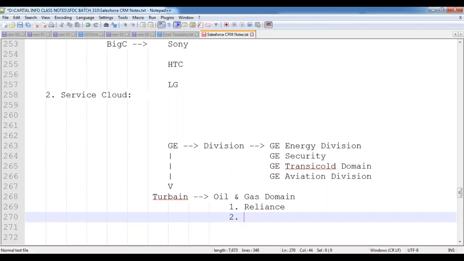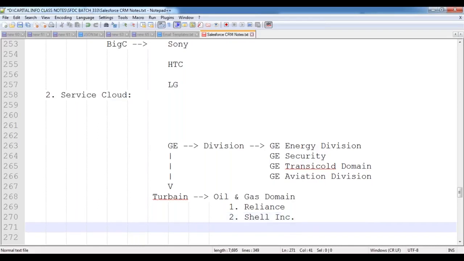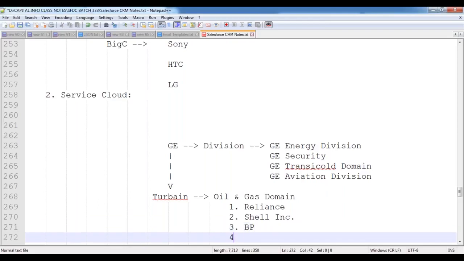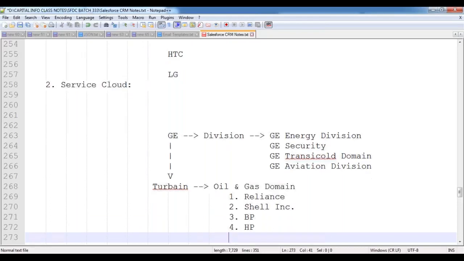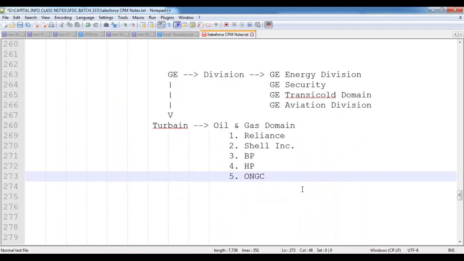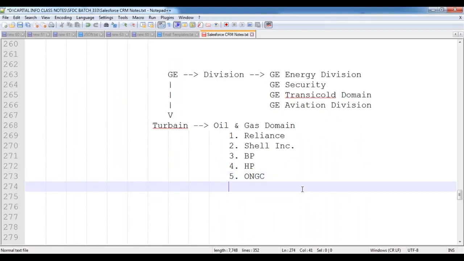And then we have Shell Incorporation, which is also into the oil and gas domain. Then Bharat Petroleum and Hindustan Petroleum, also into oil and gas. We have ONGC, a government organization from India, also in oil and gas. And then we have United Oil and Gas Corporation.